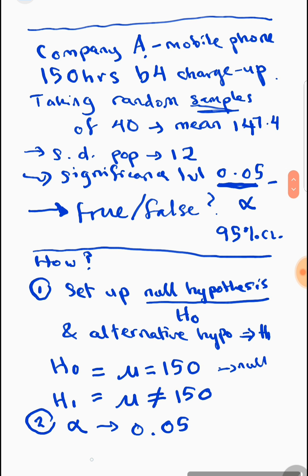Sometimes, like I mentioned earlier, it's the confidence level. So just know that the significance level is the remainder of the confidence level. For example, if your confidence level is 95, then you're left with 5%, which is your significance level, translated into 0.05.